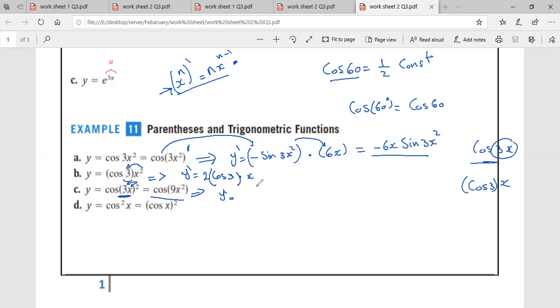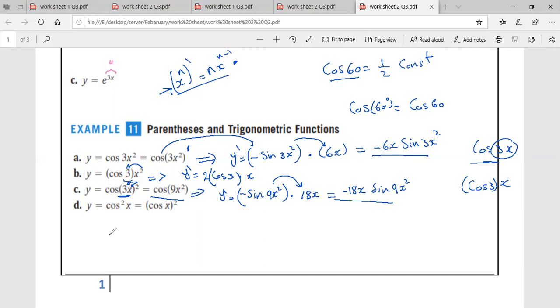It will be the derivative of the outer, negative sine of u, 9x squared, between 2 brackets. Don't forget, multiply the derivative of u. It will be 18x. Then we write the function in the simplest form, negative 18x sine 9x squared. I hope you understand.